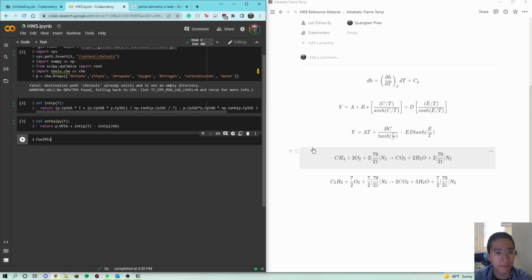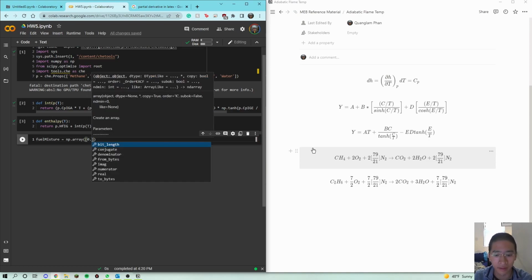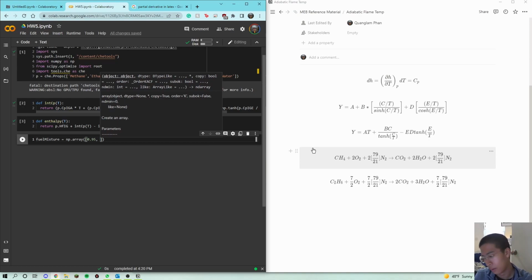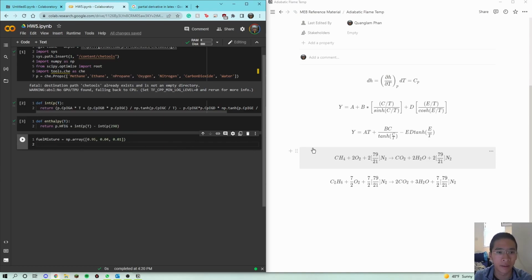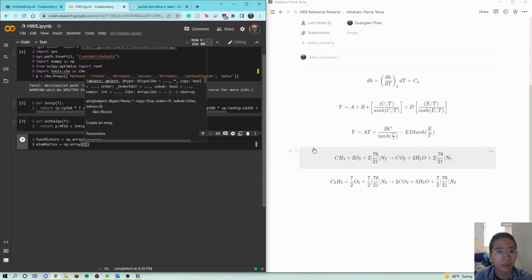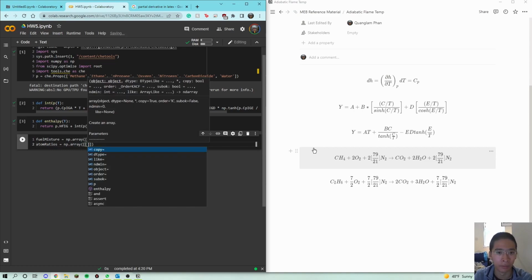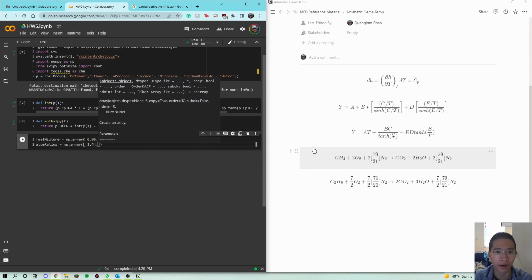So let's start with that, the fuel mixture. So fuel mixture, and we're going to make this an array. And it's 95, sorry, is it 95? Yeah, it is. 95% methane, 4% ethane, and 1% propane, right? Next, we're going to define our atom ratios of each component, okay? Starting with methane, which has one carbon, 4 hydrogen, right?